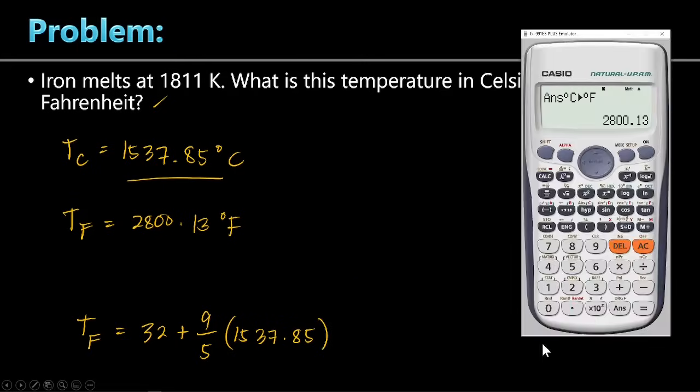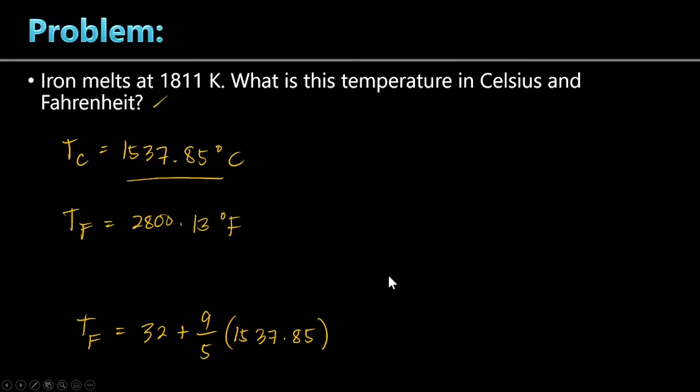Okay, kalkuhin natin 'yan. 32 plus 9/5 times 1537.85. Okay, so we're able to get the same answer, 2,800.13, which is now in Fahrenheit. Okay? So, that's it. Marunong na kayo ngayon mag-convert from one temperature scale to another.